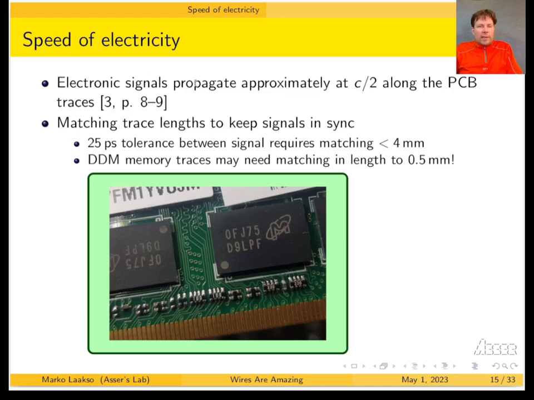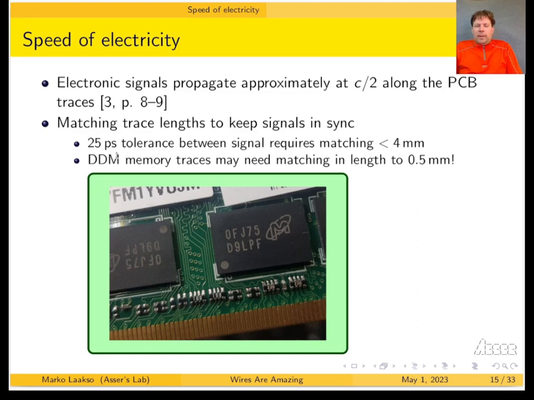You may think that the speed is so fast, and if those PCBs are of the size of a few centimeters, that it doesn't really matter. The signal propagates instantly from one place to the other. But actually, contemporary systems have such high frequencies that these speeds do matter.